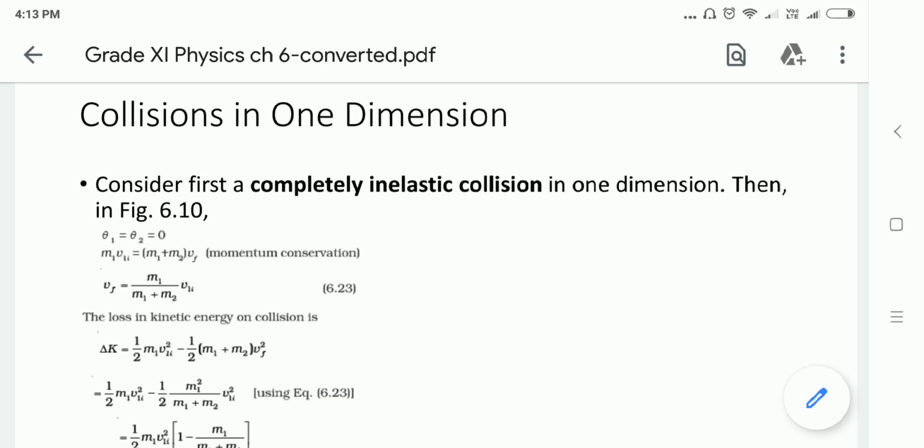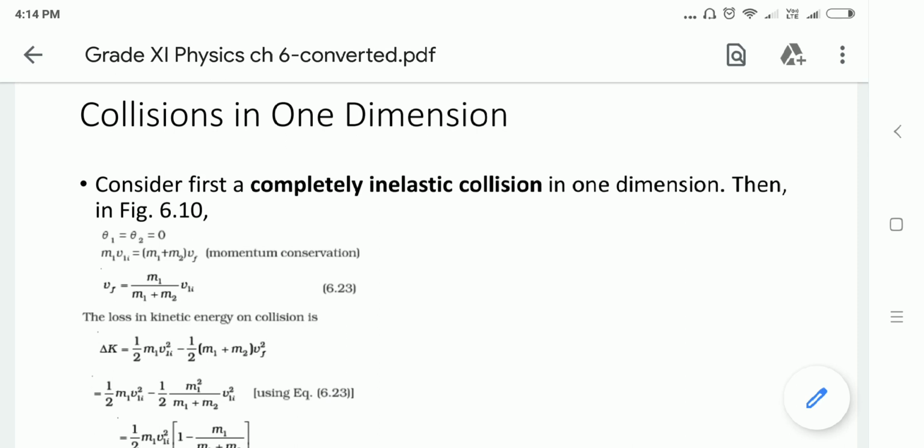So the loss of kinetic energy on collision, we have delta K equal to 1/2 m1 v1i square minus 1/2 (m1 plus m2) vf square. So here solve this equation. That would be 1/2 m1 v1i square minus 1/2 m1 square upon (m1 plus m2) v1i square.